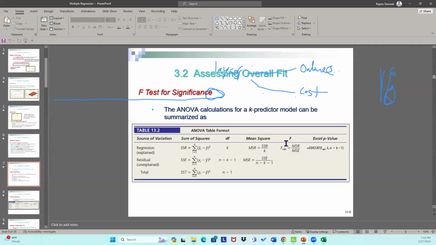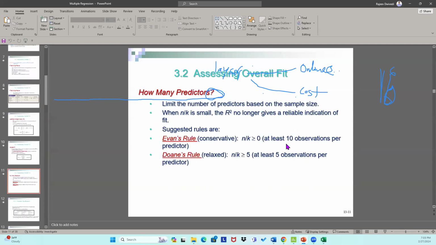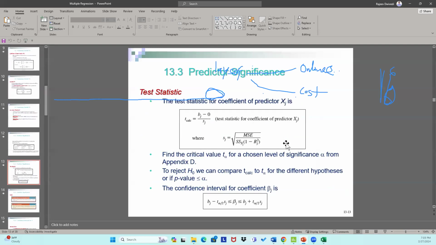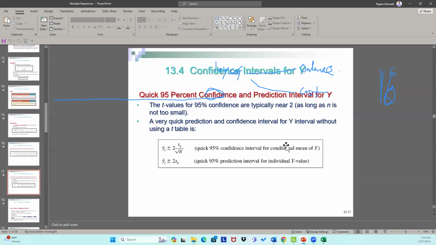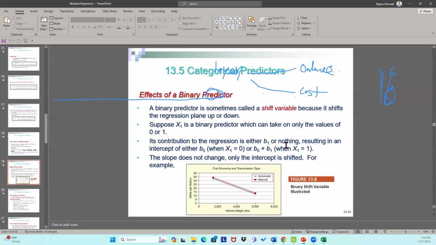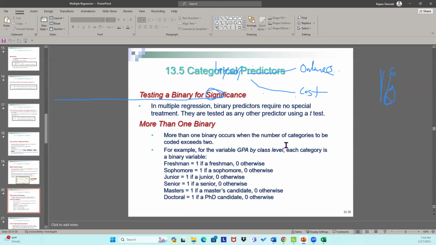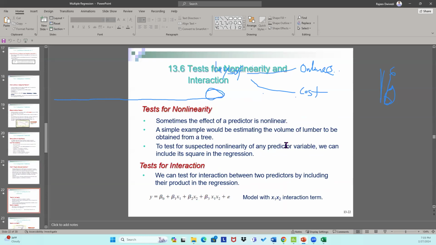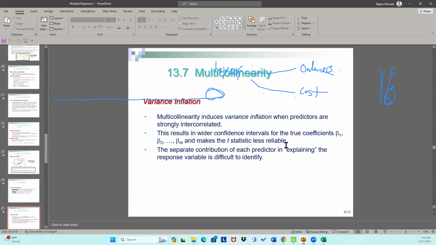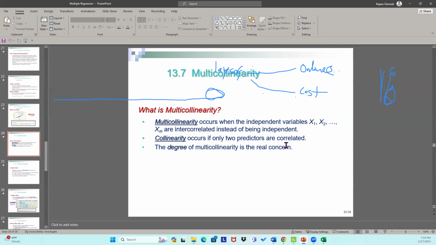So now we come to multicollinearity. It occurs when independent variables like x1, x2 are intercorrelated instead of being independent, meaning highly correlated.